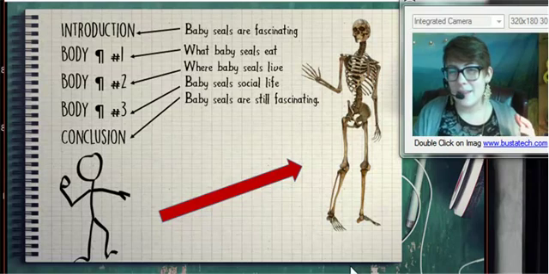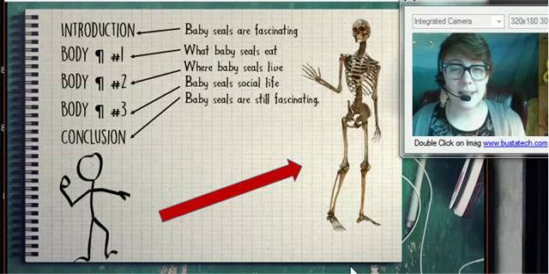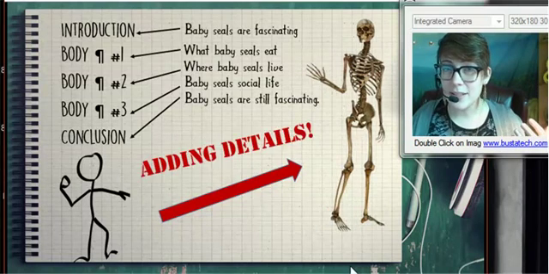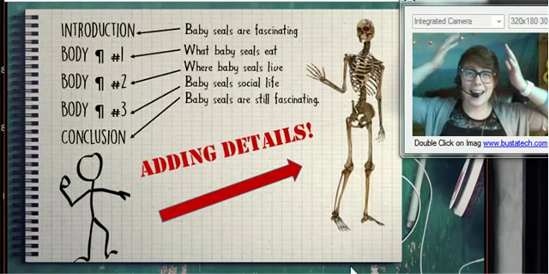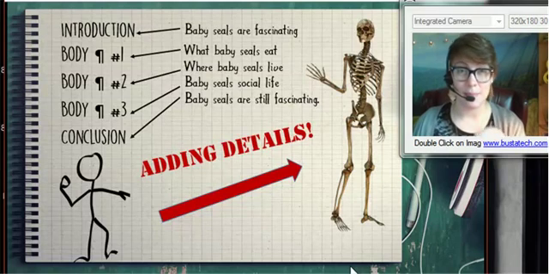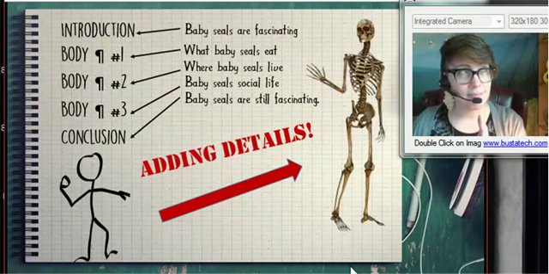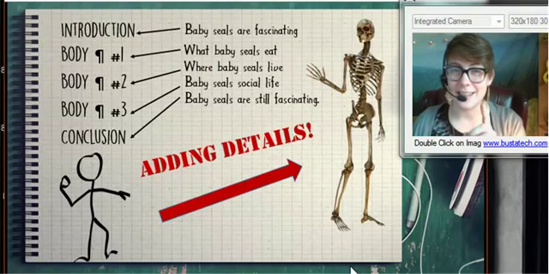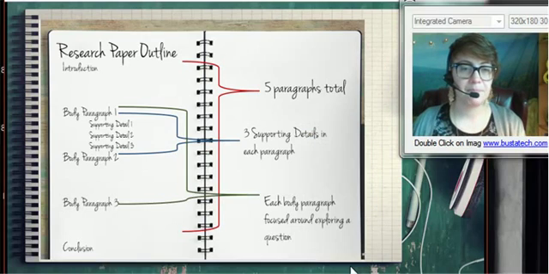Rather than a stick person, we want a full-fledged skeleton. How do we make this change? Adding details! Details are the spice of life, but especially the spice of writing. But I'm regretting saying that because some details are boring. Let's not worry about boring details right now and move on.